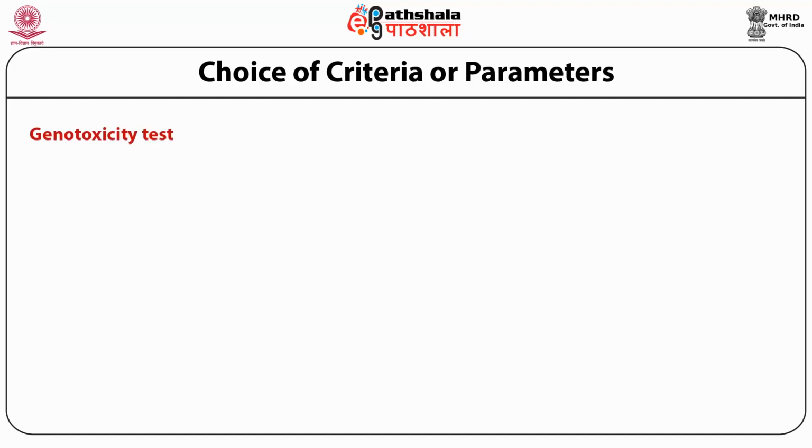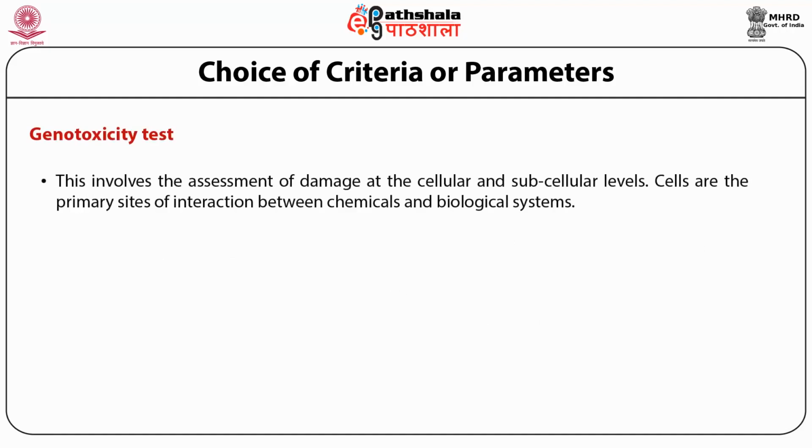Genotoxicity tests involve the assessment of damage at the cellular and subcellular levels. Cells are primary sites of interaction between chemicals and biological systems.